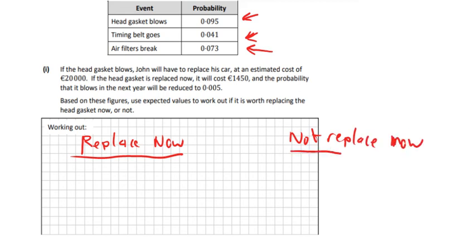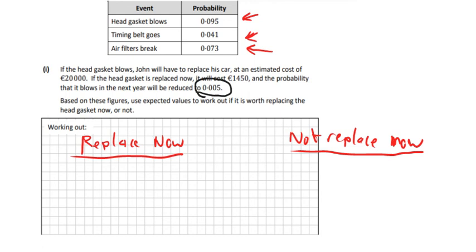So we're going to work out the expected cost then. If he replaces it now, there will still be a probability that it blows again, but it'll be much less, obviously.